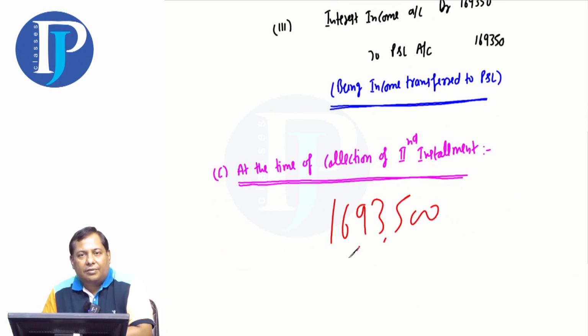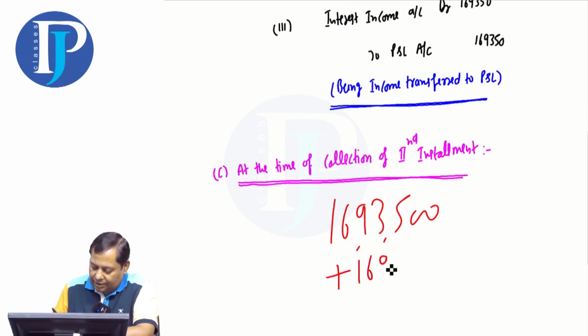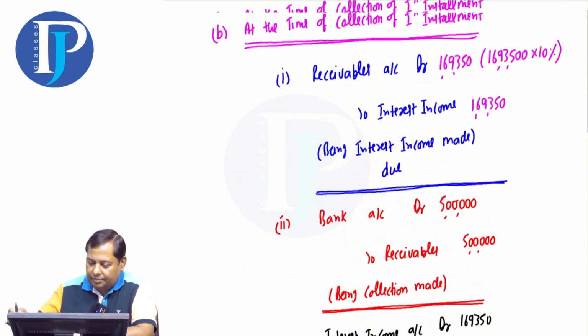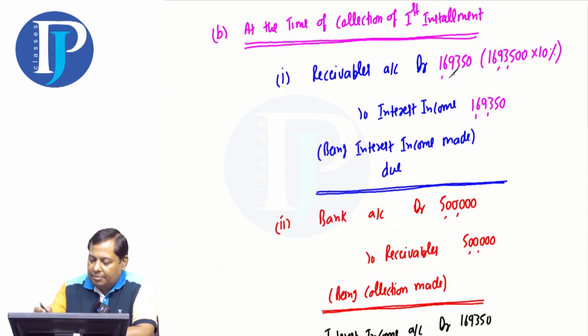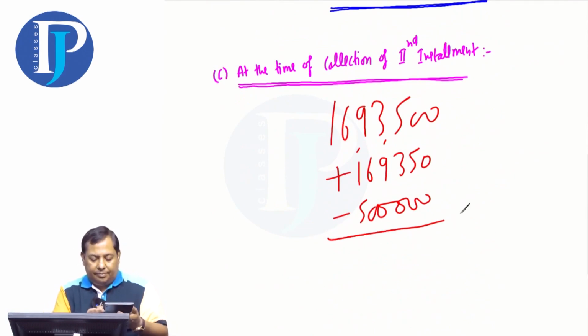This amount was booked in first year. To this we added 1,69,350 and from this we deducted 5 lakh rupees. Debtors debit to debtors. Look here. We first added this and then we did a subtraction. What will happen? We will get the revised balance for the second year.